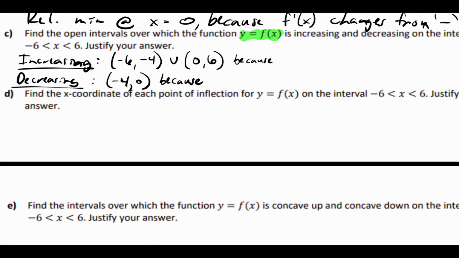Because f prime of x is positive. That's positive y values, right? Because the graph in front of us is the derivative. And the opposite is true. Because f prime of x is negative, less than 0. That's how we knew where to look.